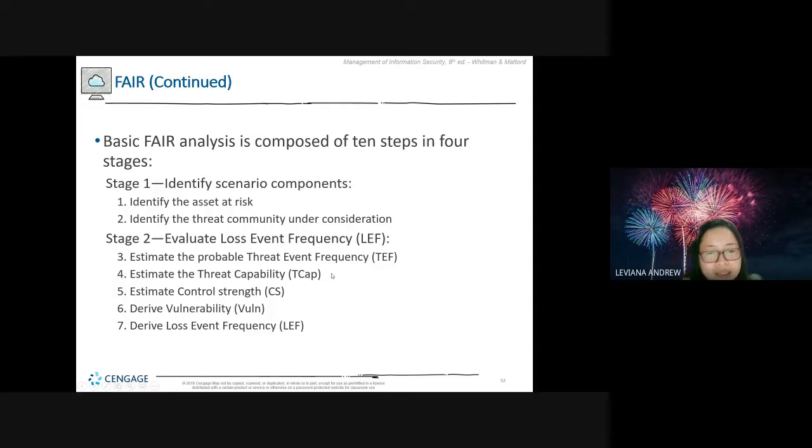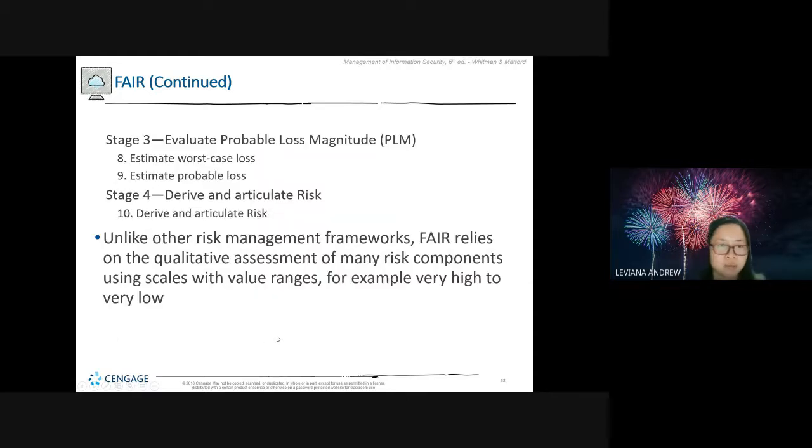Estimate the probable threat event frequency, estimate the threat capability, estimate the control strength, derive vulnerability, and then derive loss event frequency. Stage 3, evaluate probable loss magnitude. Estimate worst case loss and then estimate probable loss.